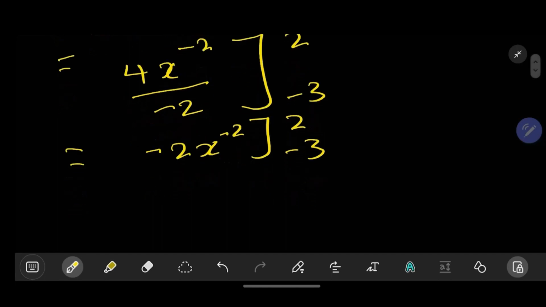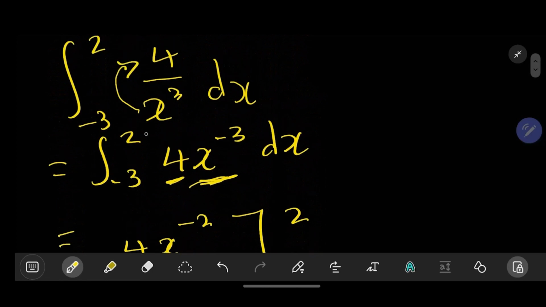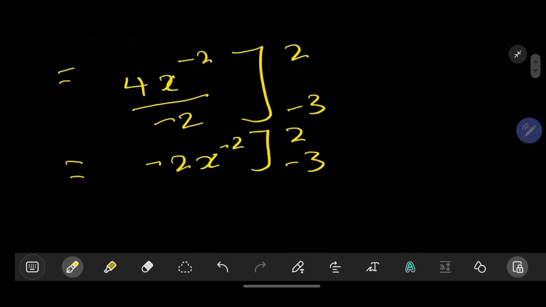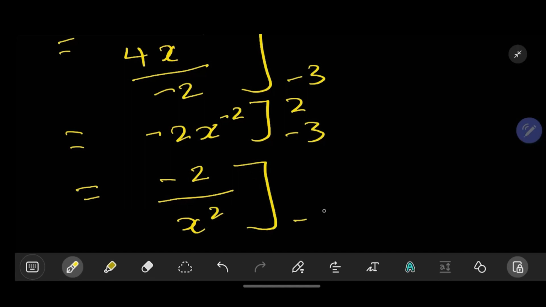So what do you think we can do right here? Like what we did in the beginning, we took the x cubed and brought it to the top. We can actually take the x raised to the -2 and take it to the bottom. So this is now equal to -2 over x squared, and we want to evaluate this from -3 to 2.